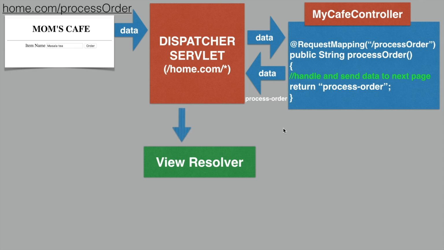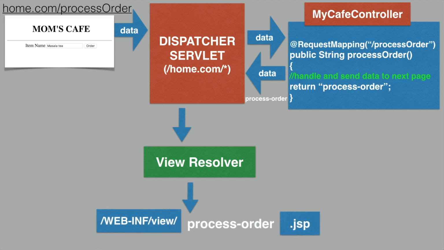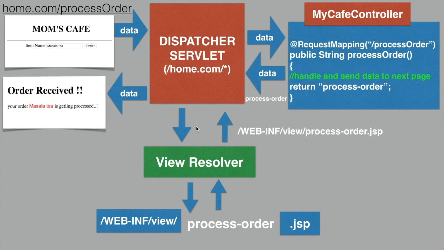So I gave it back to the dispatcher servlet. Now the dispatcher servlet uses the view resolver, which finds where the processorder page is. The view resolver does its job, and after that the dispatcher servlet shows me the order received page, the processorder page, and also the data masala tea that I'm sending from this controller.